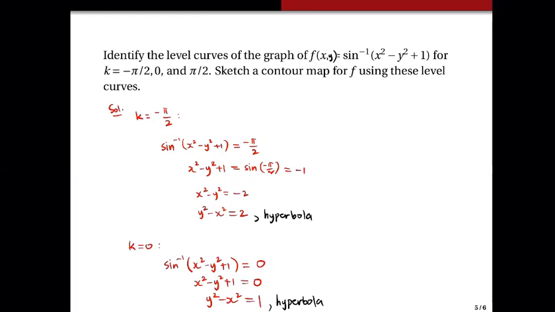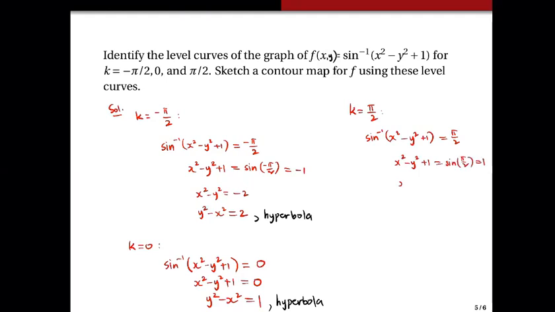And then finally, we have k equals pi over 2. So sine inverse of x squared minus y squared plus 1 equals pi over 2. So we calculate, this is x squared minus y squared plus 1 equals sine pi over 2, which is equal to 1.